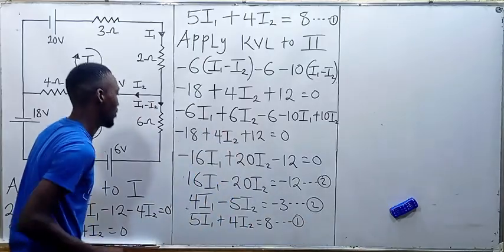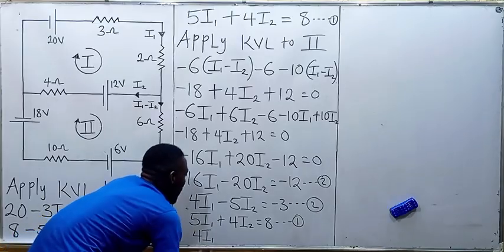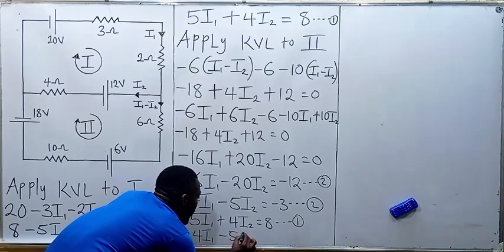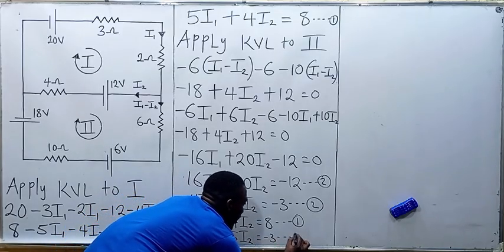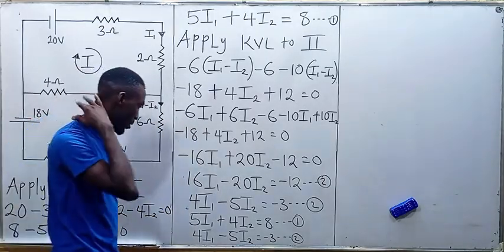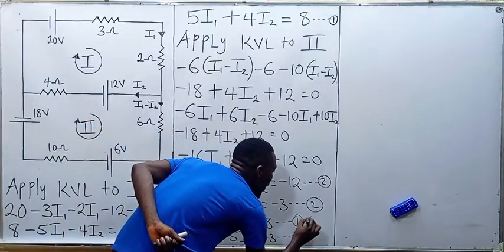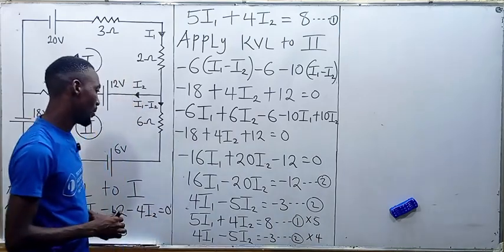All right, and equation 2, we have 4I1 minus 5I2 equals minus 3, equation number 2. All right, so we can use the elimination method. So we multiply this by 5 and we multiply this by 4.